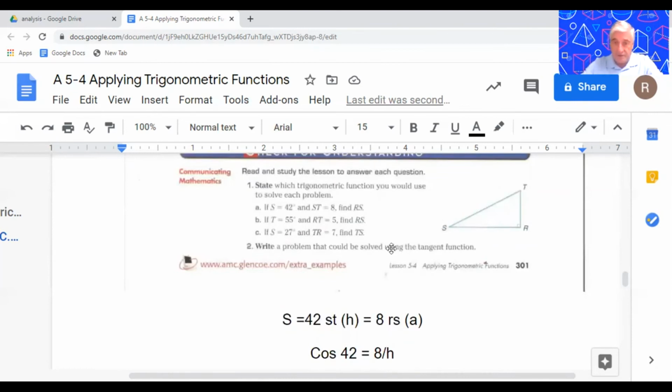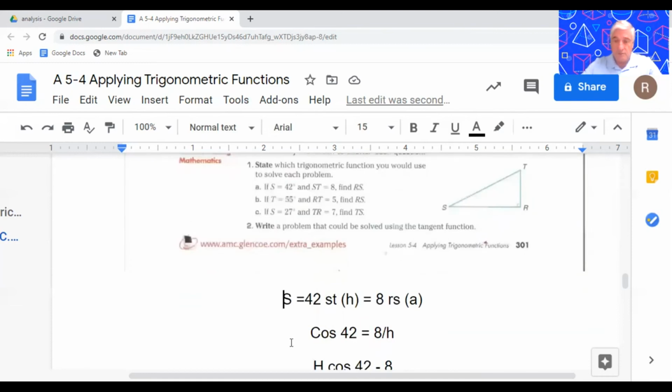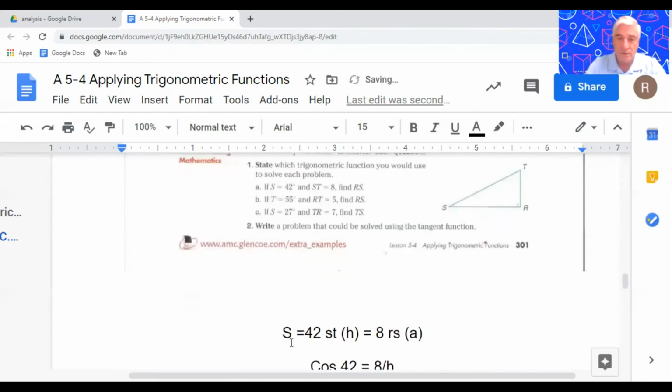TR is 7. So let's do that one. S is 27, and opposite is 7. And they want me to find TS. They want me to find the hypotenuse. It's TS, but we don't know how much.